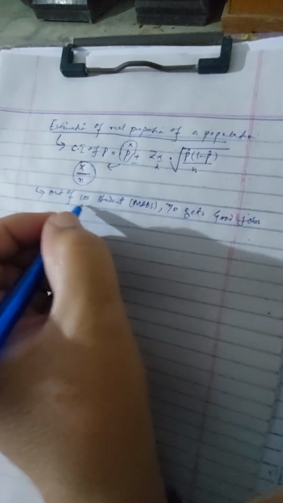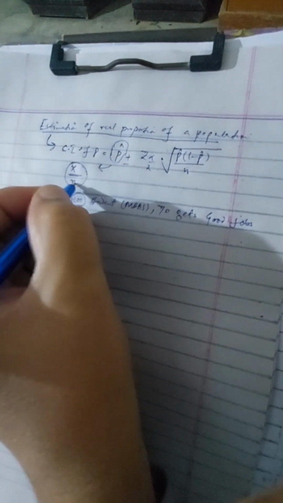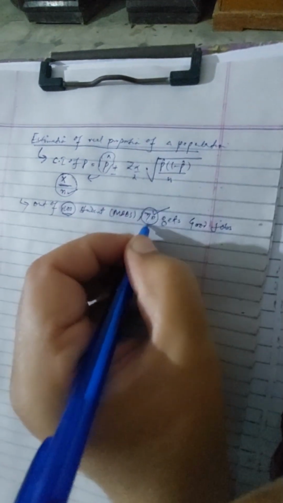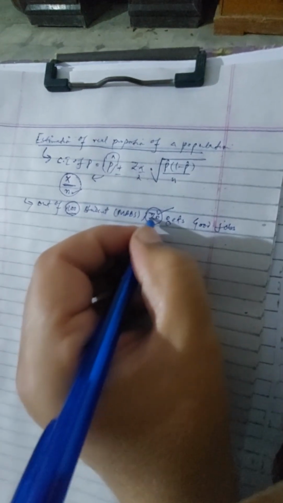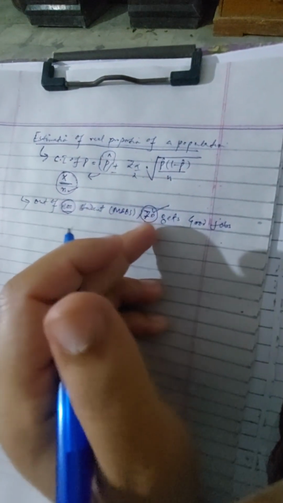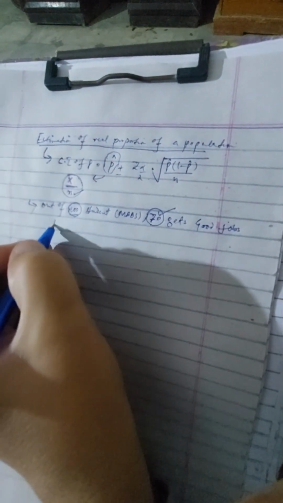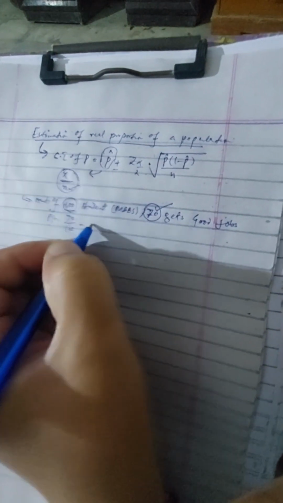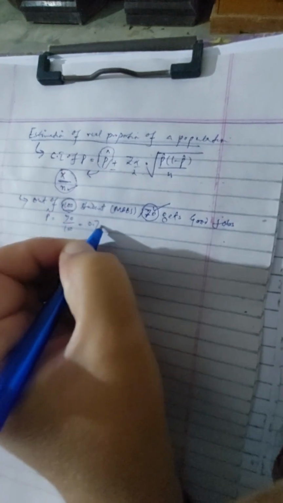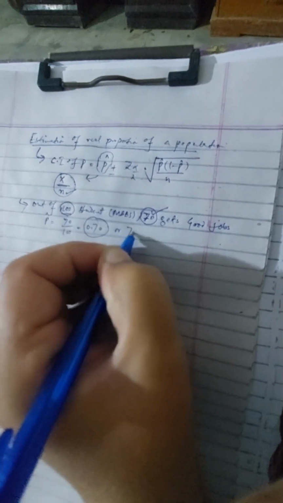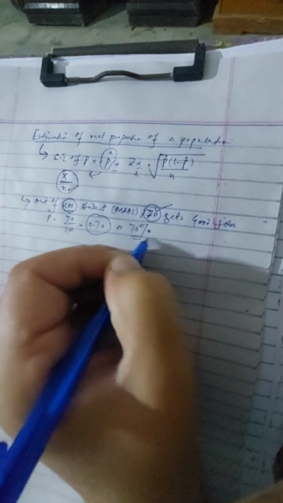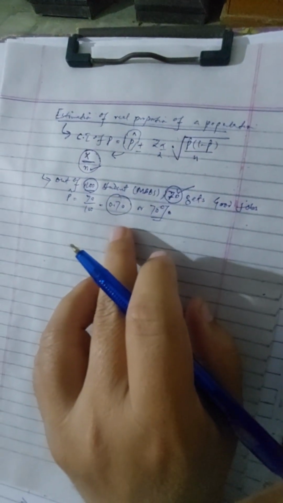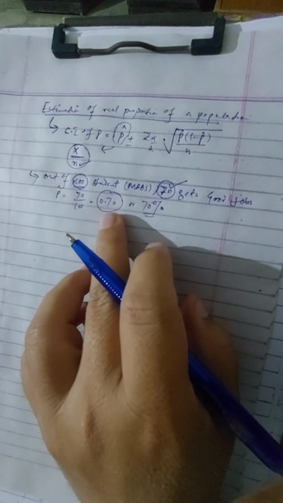Now 100 here is the sample size n, and 70 is x, the specific thing we are interested in. So the p bar here is equal to 70 by 100, or 0.70, or 70%.